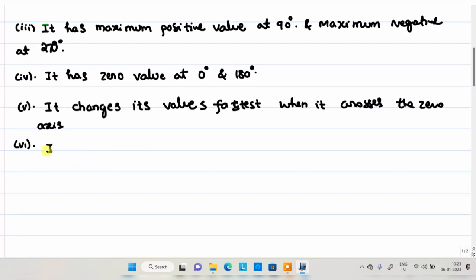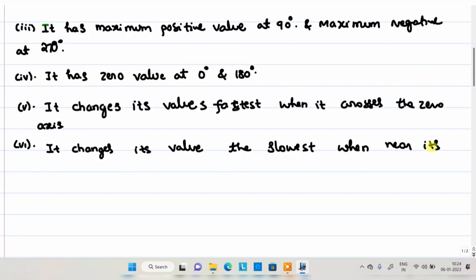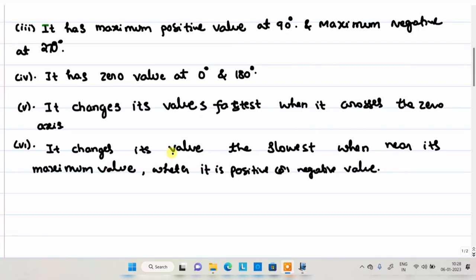So the change will be minimum, it changes its value slowest when near its maximum value, whether positive or negative.